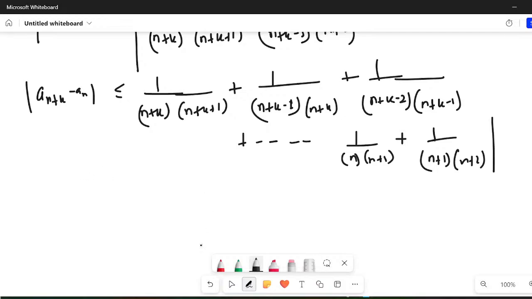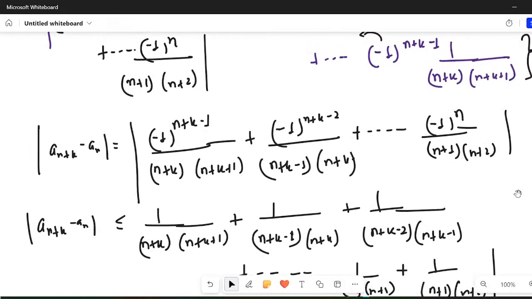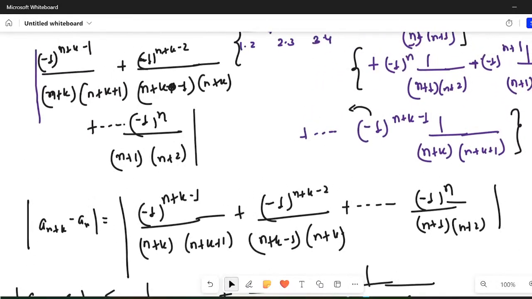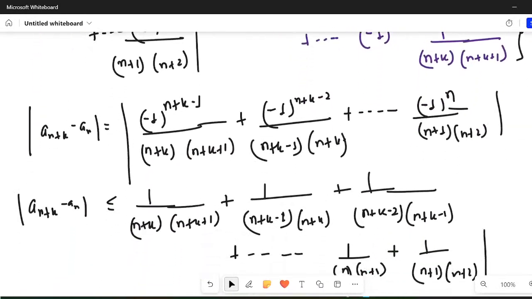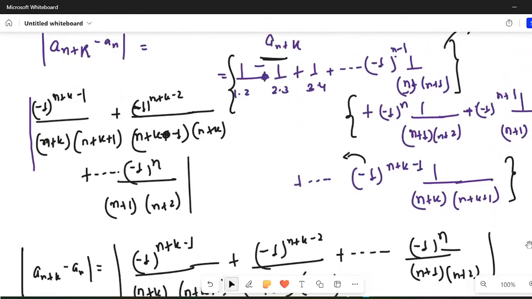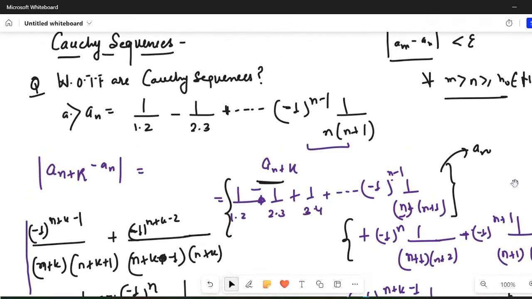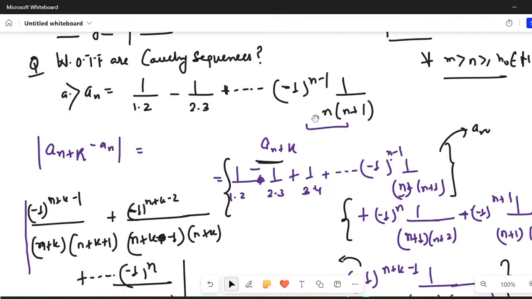Okay, I think this is quite clear. Have I made some mistake doing it? Till n plus 1 were there, right? So this was n and this was n plus 1. So the last term, if I go till n plus k, will come out as n plus k. Here it would be n plus k plus 1, here it would be n plus k.